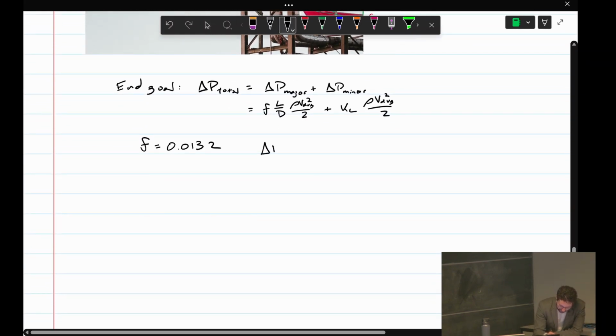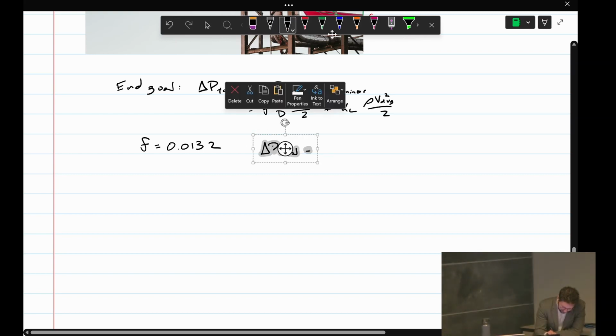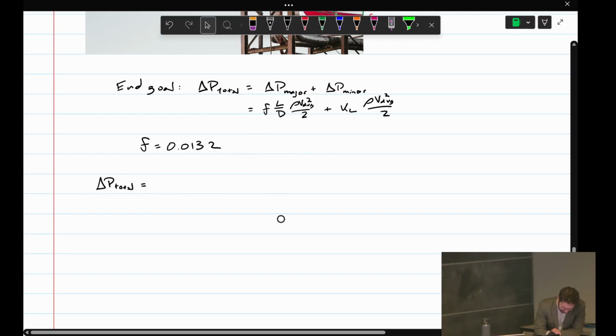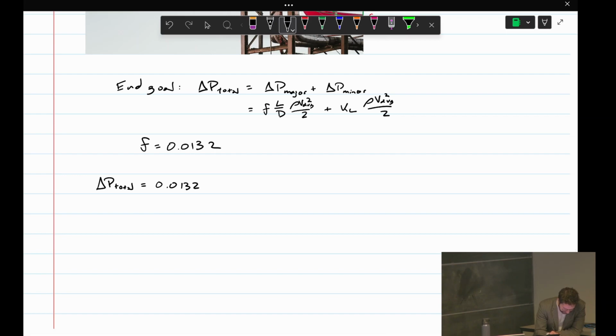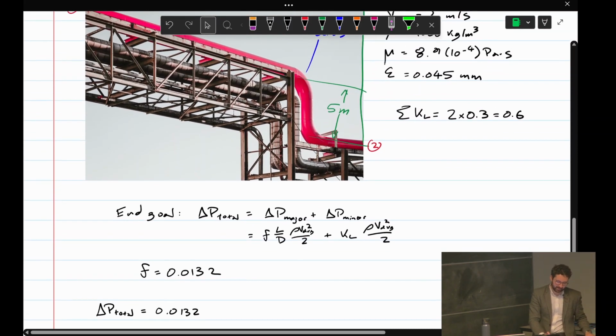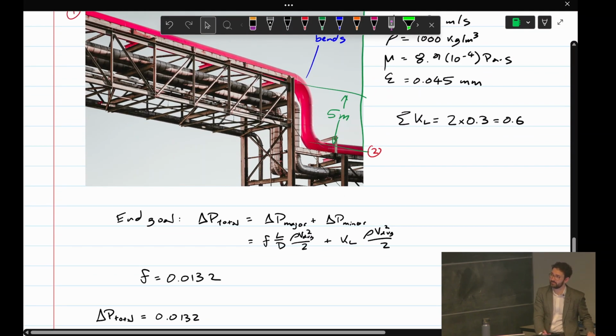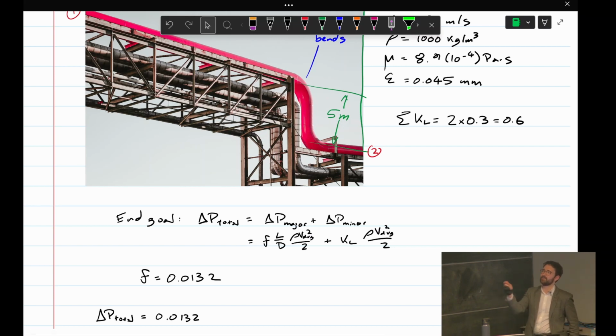So in this case, our delta P total, I'm going to move this down here, is going to be 0.0132. Our total length is what the major loss calculation has. To get the total length of pipe, I will add up the horizontal lengths and the vertical length. So it's just 35 meters.